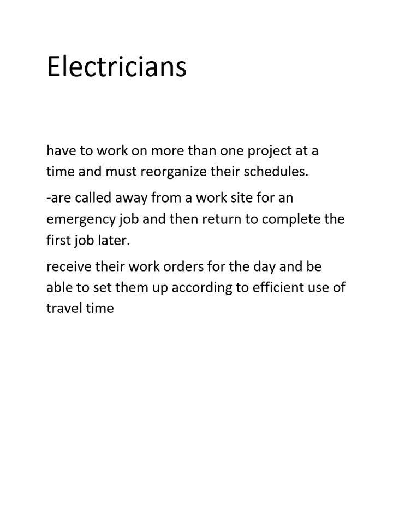Electricians have to work on more than one project at a time and must reorganize their schedules, are called away from a work site for an emergency job, and then return to complete the first job later, receive their work orders for the day, and be able to set them up according to efficient use of travel time.